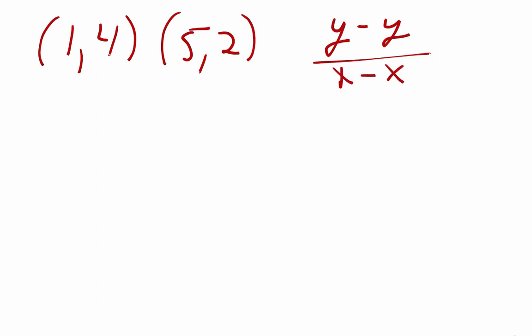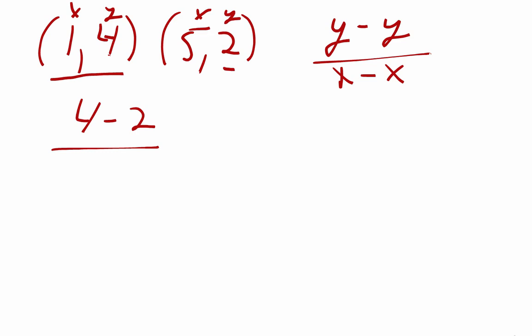So I subtract 4 minus 2 over, and you need to go back to the first one, because that's the one I started with, 1 minus 5. So I'd have 2 over negative 4, which would be negative 1/2. So that is my slope.